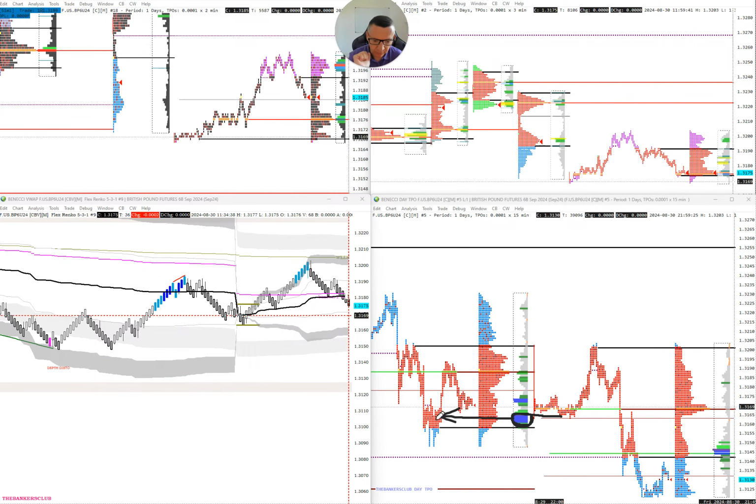So when price has moved away from it on the previous day, and price comes back to it, the likelihood is we've got buy limits sat at this level here.